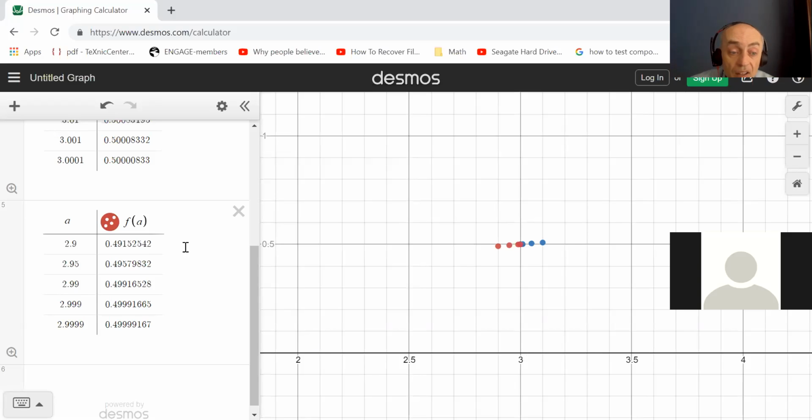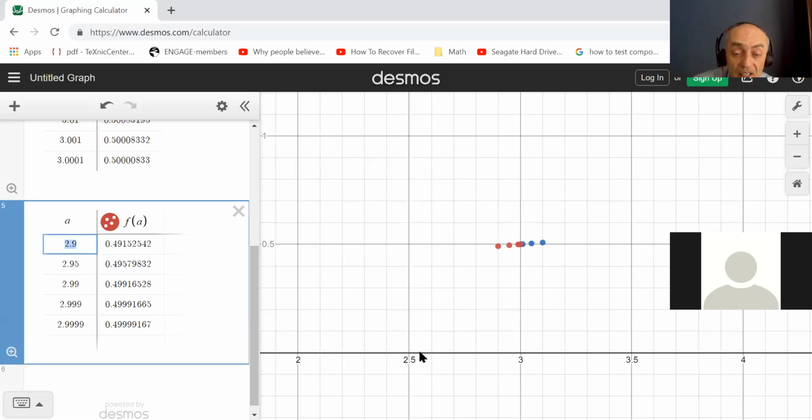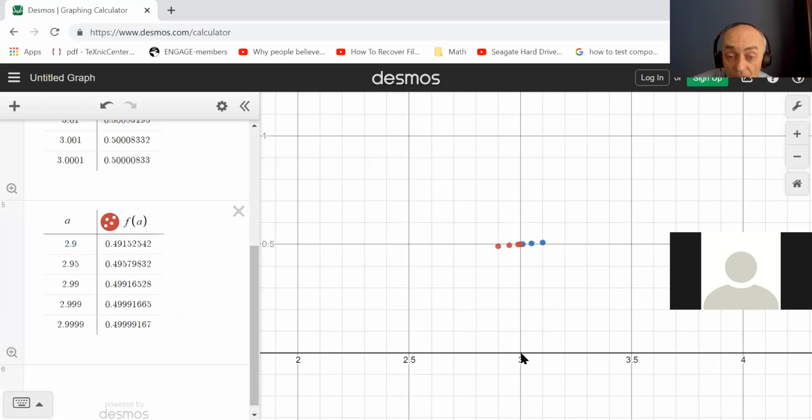On the other hand, the values in the left column of the second table also represent numbers on the x-axis, but numbers less than 3. They still approach 3, but they approach 3 from the left side, as my mouse moves here on the x-axis. From the left side of 3, you approach 3 over here.